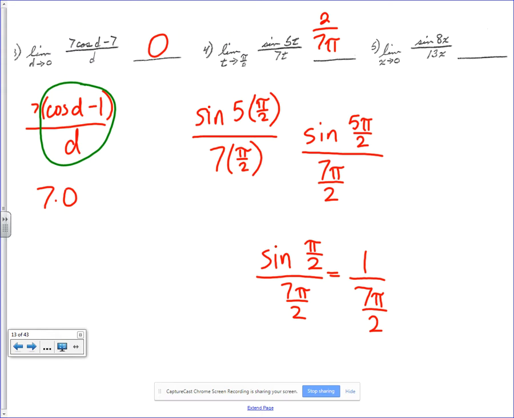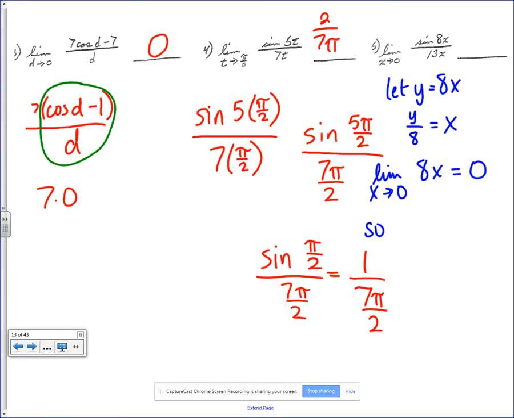Okay, number 5, you need to do some substitution here. We are going to use our sine identity. So I'm going to say that. And I also will need to solve for x while I'm at it, which would be that. So now I have the limit as x approaches 0 of 8x, which is still 0.